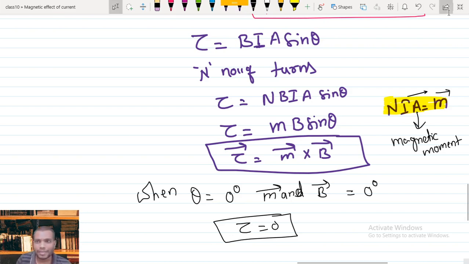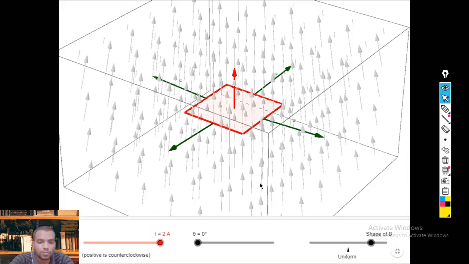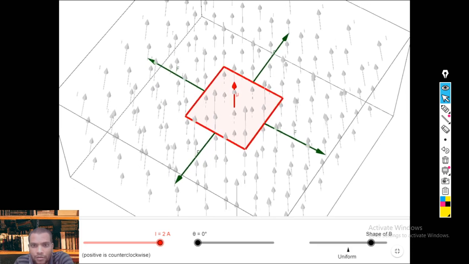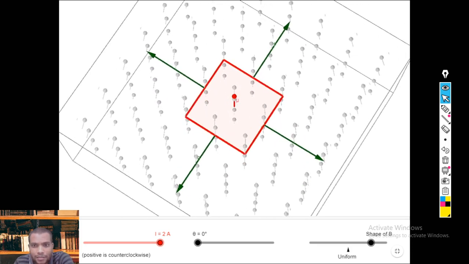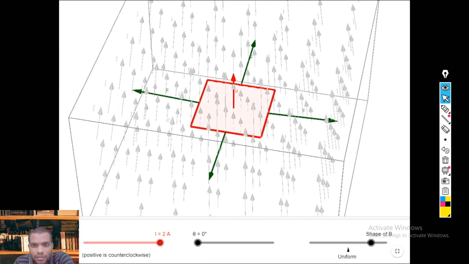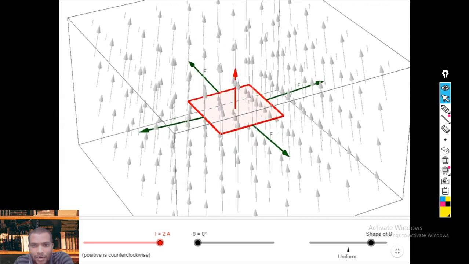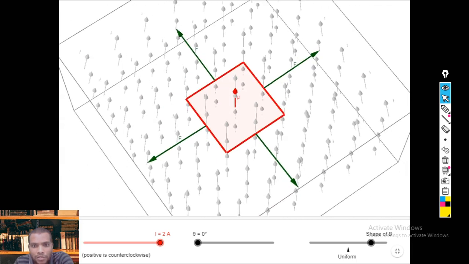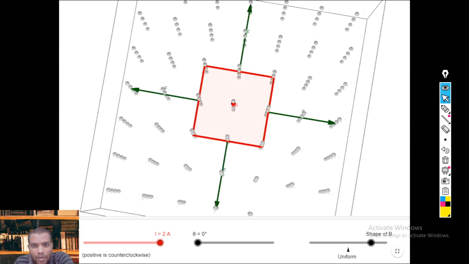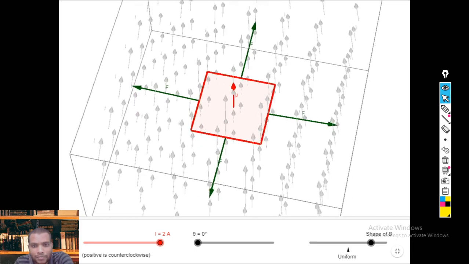So let me show that for a moment, let's observe it here. Here you are able to see a rectangular coil which is kept in a uniform magnetic field. If I rotate it, you can see how the magnetic field is uniformly distributed and the rectangular coil is in the magnetic field.